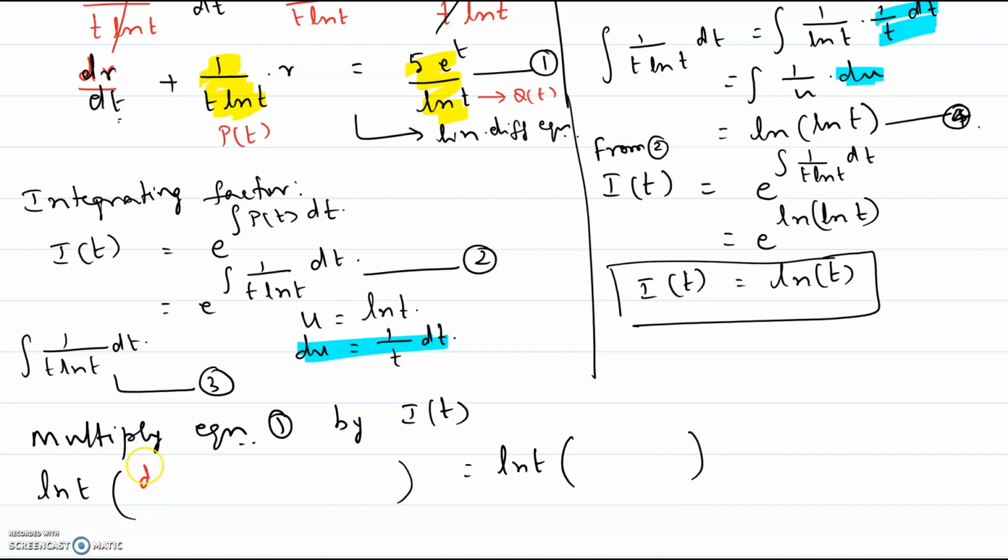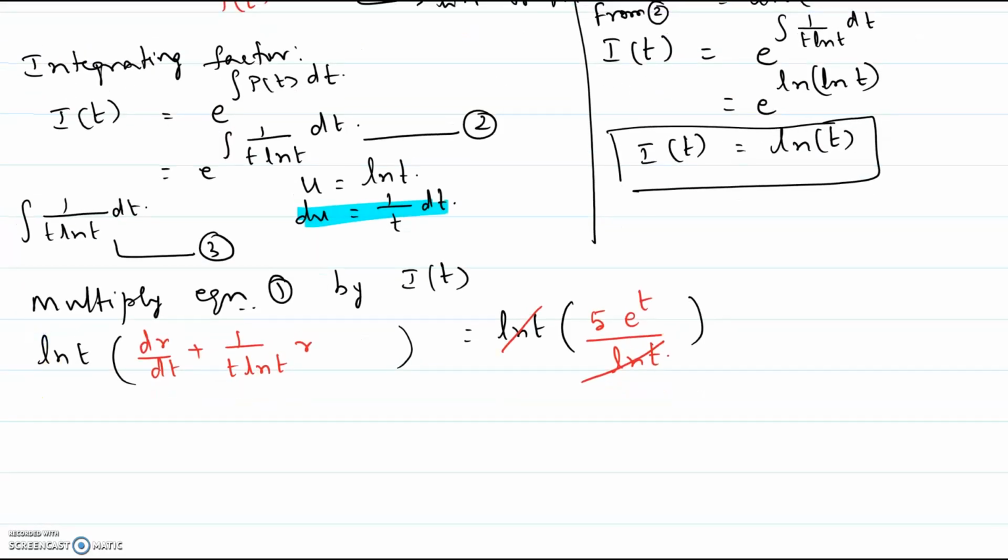The left-hand side of 1 is dr by dt plus 1 over t ln t times r, equal to ln t times the right-hand side of 1, which is 5 e to the t over ln t. Here ln t gets canceled out. So you get ln t dr by dt plus, if you distribute, ln t gets canceled, 1 over t times r equal to 5 e to the t.